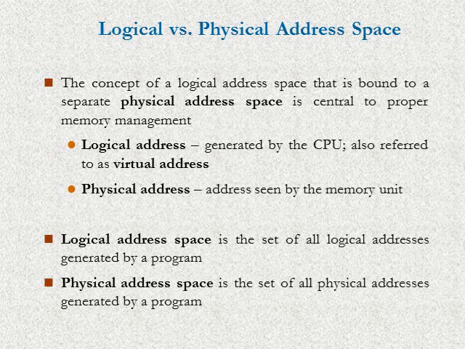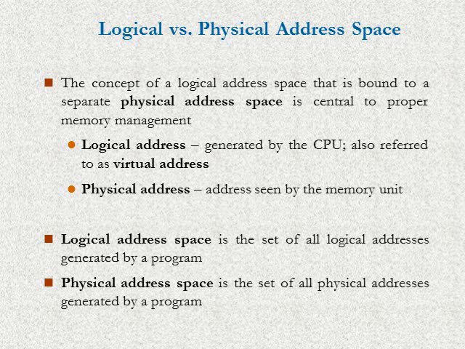Likewise, the logical address space is a set of all logical addresses that can be generated by the CPU, while the physical address space is the set of all physical addresses that are present on the main memory.